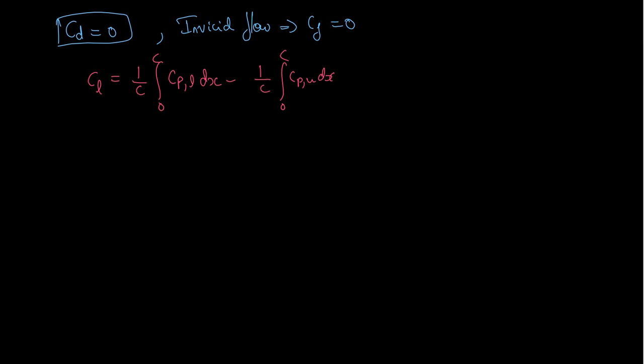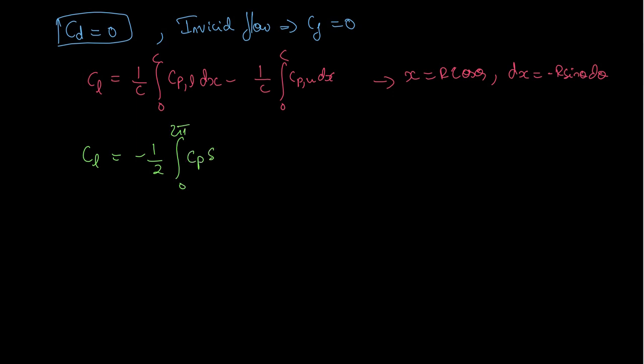So similarly, I do the same transformation to polar coordinates. I write x equals r, this time it's r cos theta, and we have dx equals minus r sin theta d theta, and I get the expression for the lift coefficient to be minus half integral 0 to 2 pi Cp sin theta d theta.